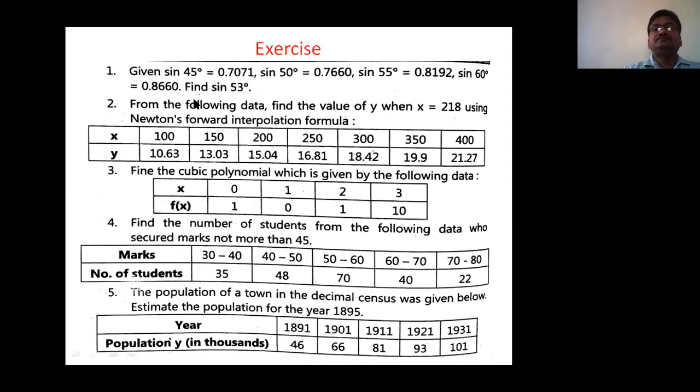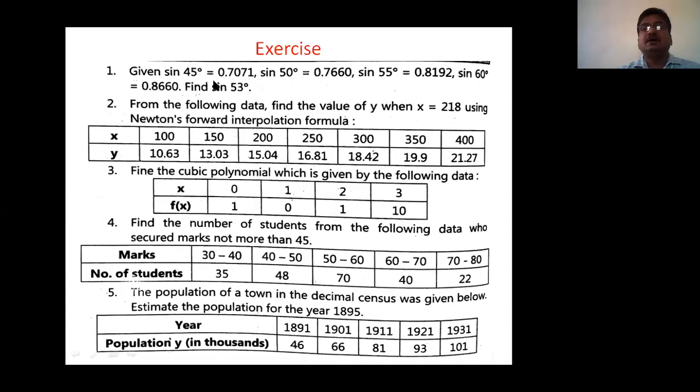So these are the values of sine 45, sine 50, sine 60. So what is the first column? It is 45, 50, 55, 60. This is the first column of our forward difference table, and these values are the values of fx, that is the second column.